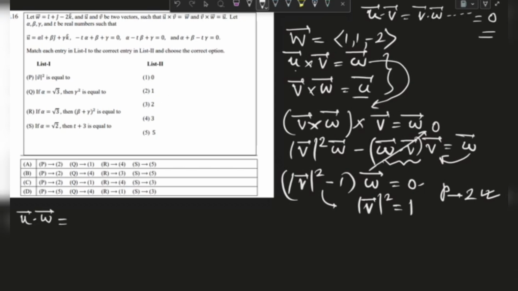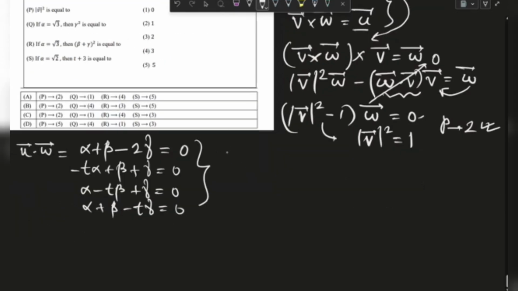So I aim to find another one, so we have four unknowns and four equations. Now u dot w will be alpha plus beta minus 2 gamma, which is basically 0 as the dot products are 0. So now I will write down the other set of equations for you guys.